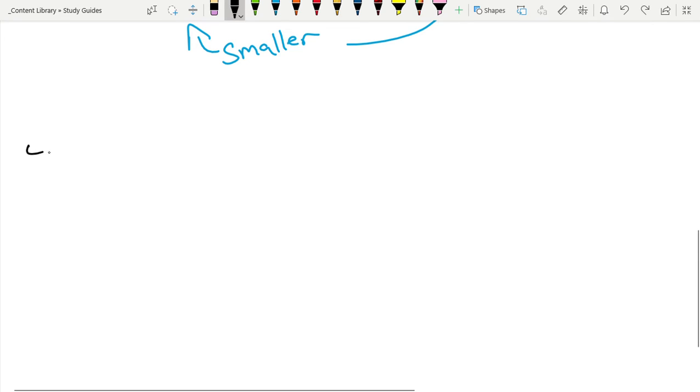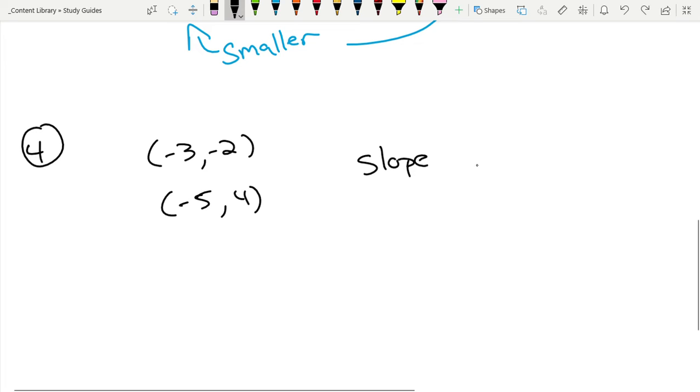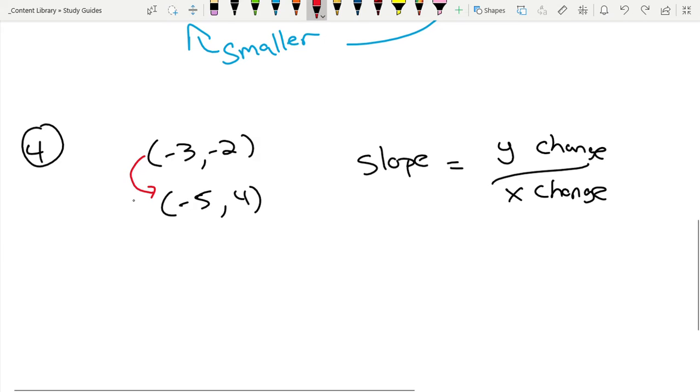Alright, on to number 4. Now we're done with the word problems. It says find the slope between (-3, -2) and (-5, 4). So we know that slope is equal to the y change over the x change. So the x changes, to get from -3 to -5, you would have to subtract 2.